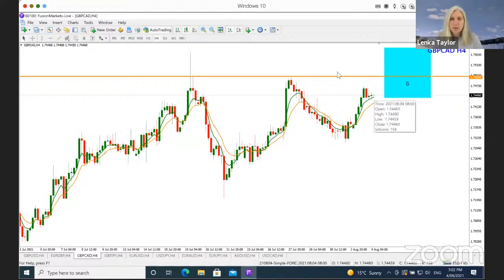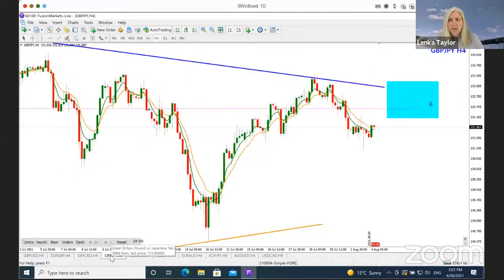So I would be looking maybe for a few more bars to go up, and then I'll be looking for an entry to go short. So let's keep an eye out on that one and see if there is a setup in the next couple of bars.